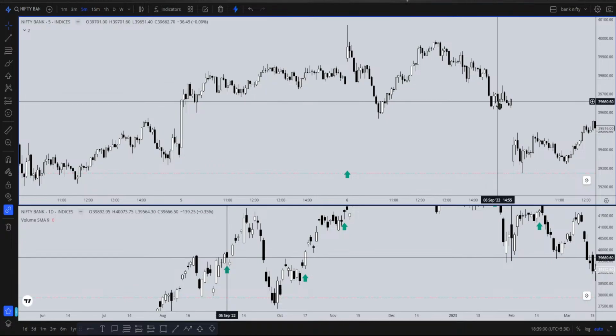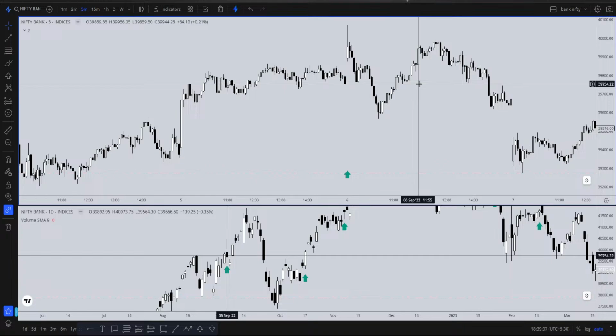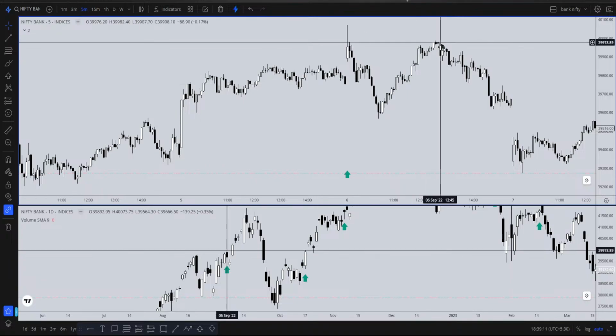This is something I really fear. This is exactly how today's market was.